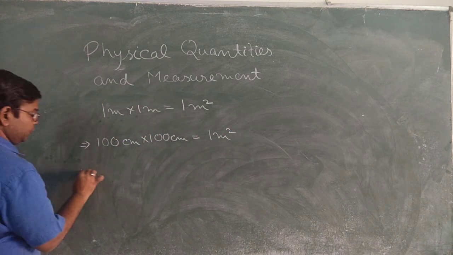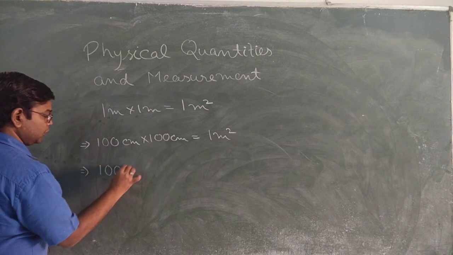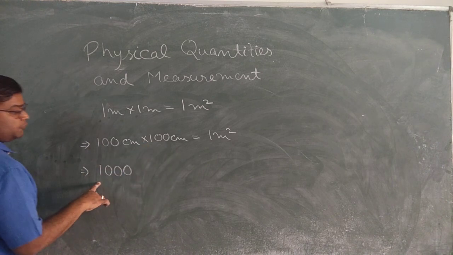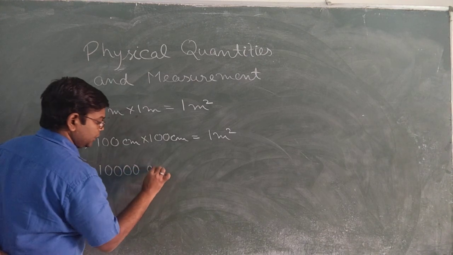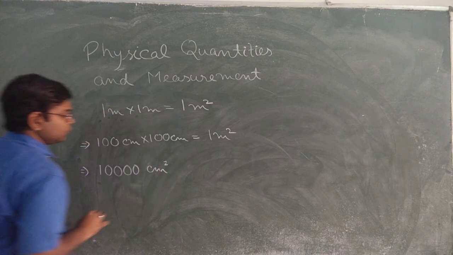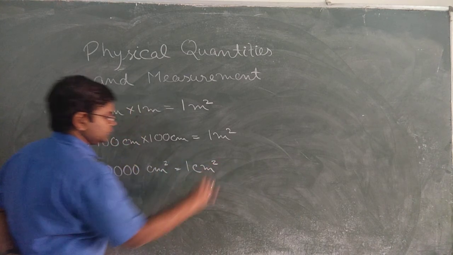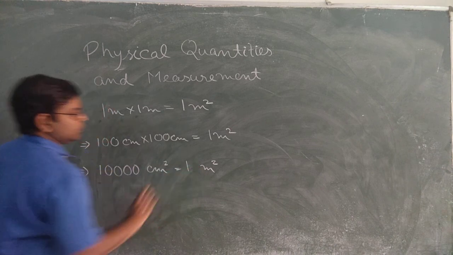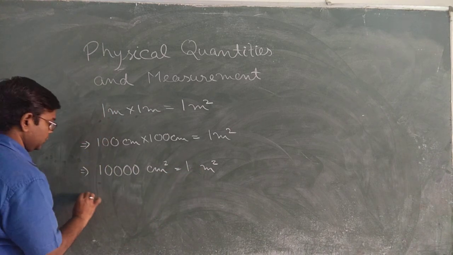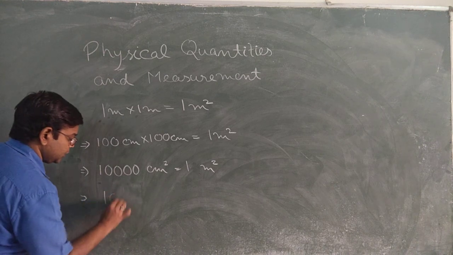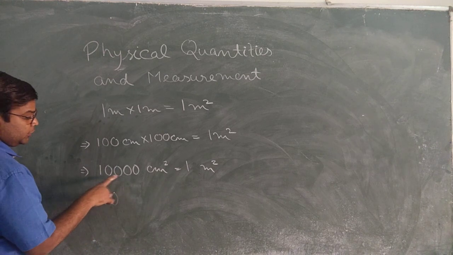Now further, if we multiply these two, what do we have? We can write 4 zeros after 1, that is 10,000 centimeter into centimeter, which is centimeter square, equal to 1 meter square. Clear? This number is also written as 10 to the power 4, since there are 4 zeros: 1, 2, 3, 4.